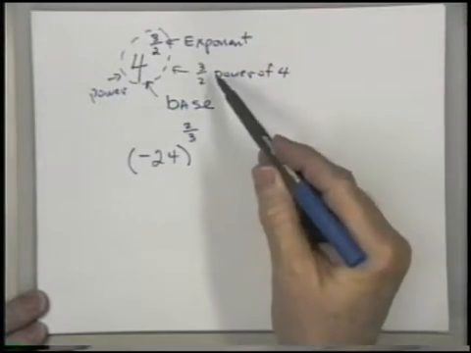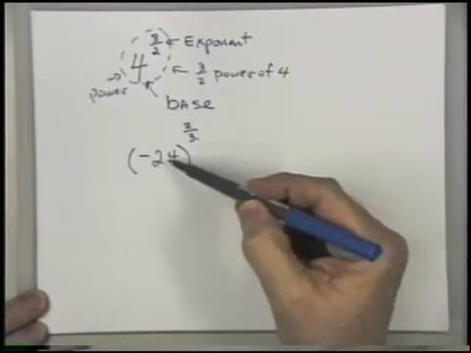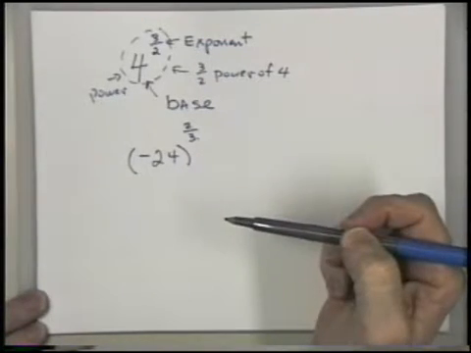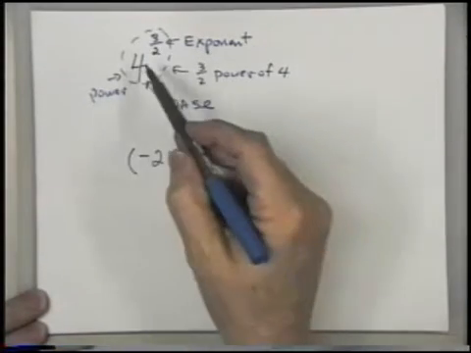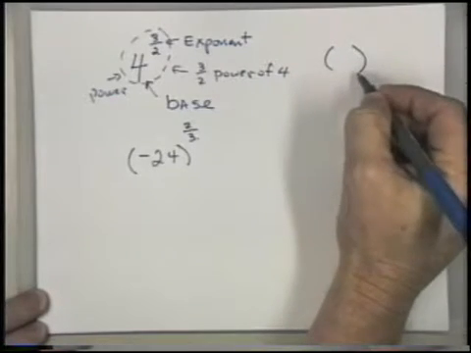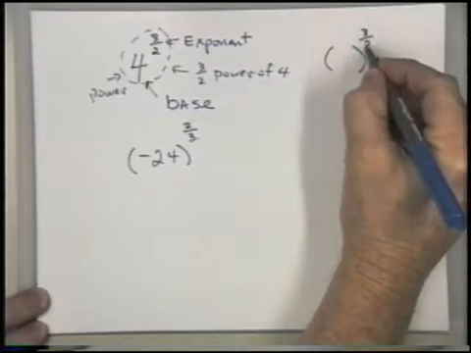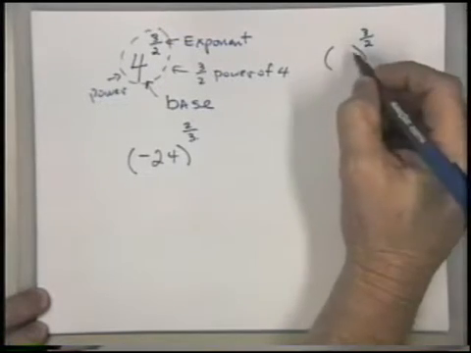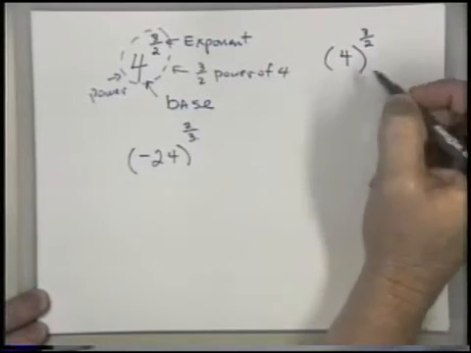Or you could say it the other way around, the 2/3 power of negative 24. These parentheses are always appropriate. I could have even used them here. You can always use parentheses: inside the parentheses you put your base, and outside the parentheses you put your exponent.